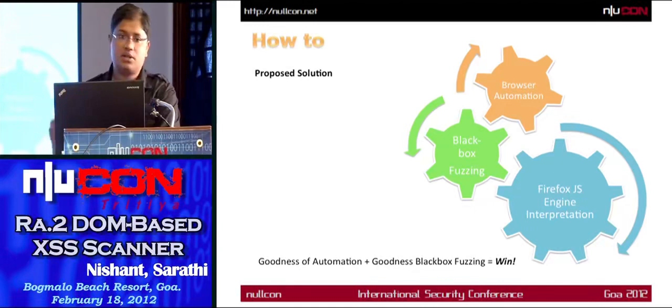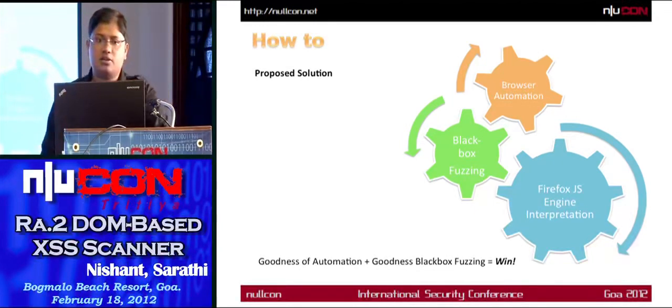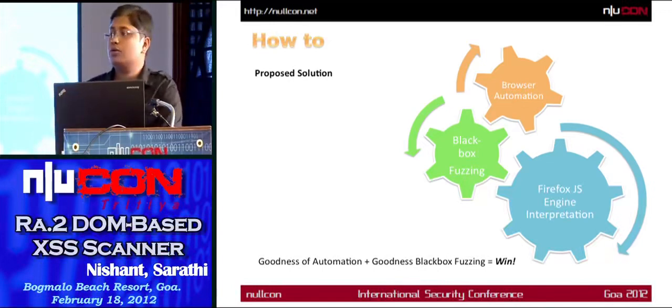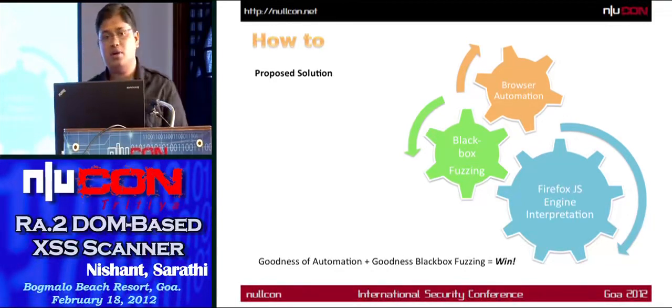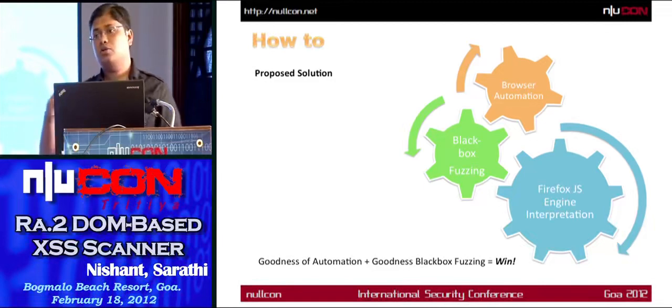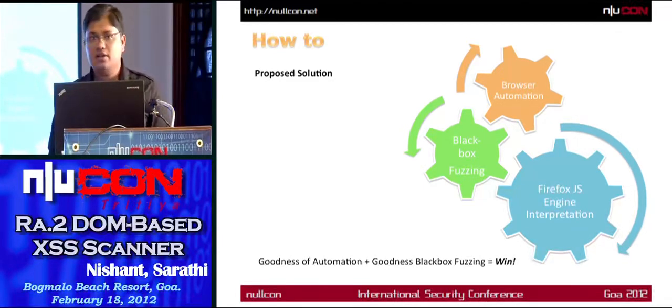So compression and obfuscation are all handled by the Firefox engine. We don't have to care about it, and we do black box fuzzing. As I said, it's a tool for the rest of us. We supply thousands of URLs and run it overnight, and then you come back to a report. There are some things which need manual intervention to trigger the XSS, so we have implemented partial browser automation to simulate human events or to trigger events. So automation and black box fuzzing, we think it's a win.